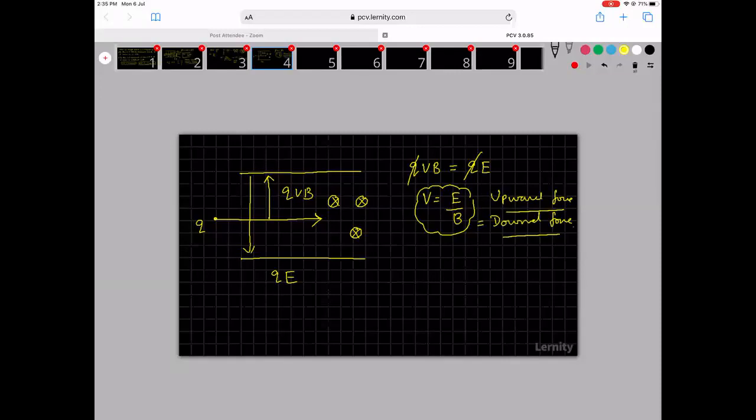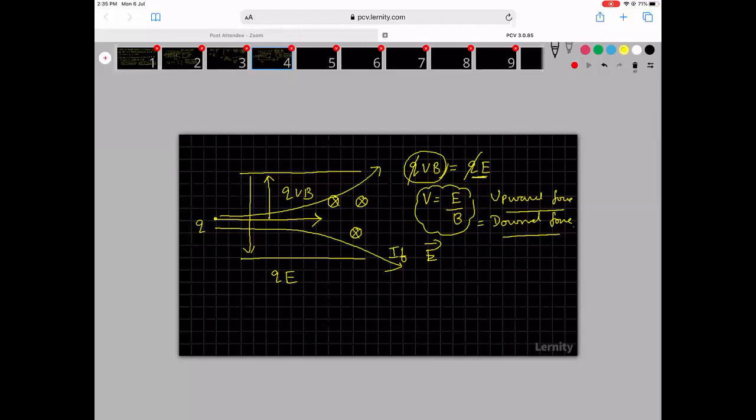On the other hand, if the electric field is less or if the velocity is more, then the magnetic force will be greater. So if the magnetic force is greater, the particle will go this way. If the velocity is less, then the electric force will become greater, so the particle will move in this direction. So those particles which have a greater velocity or a lesser velocity get deflected, and only those which have a specific velocity pass through.